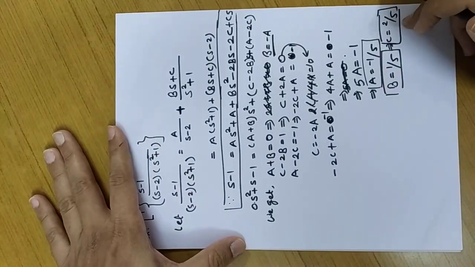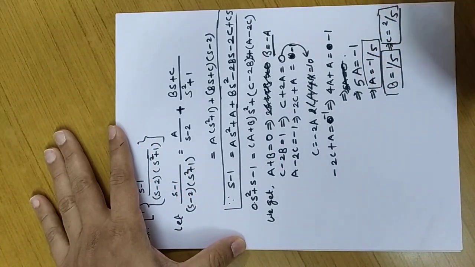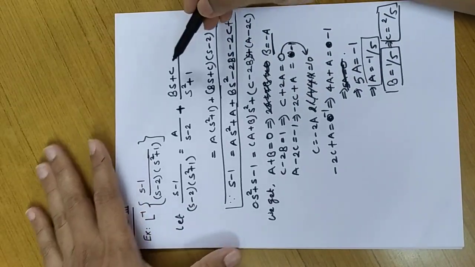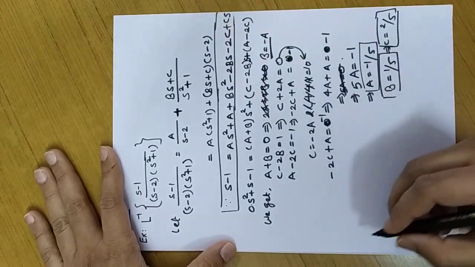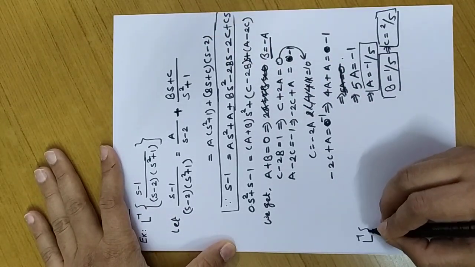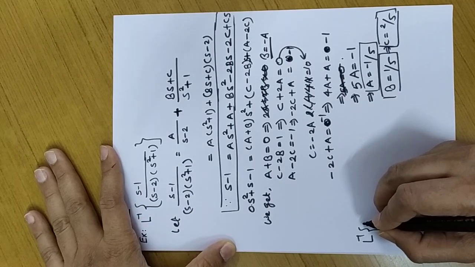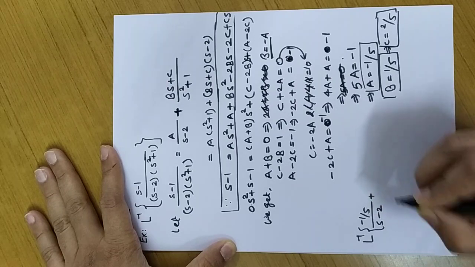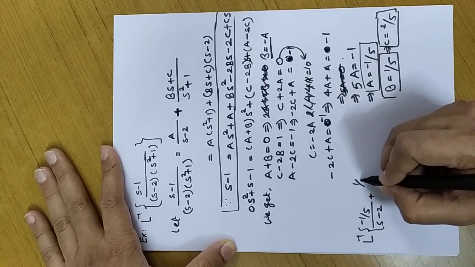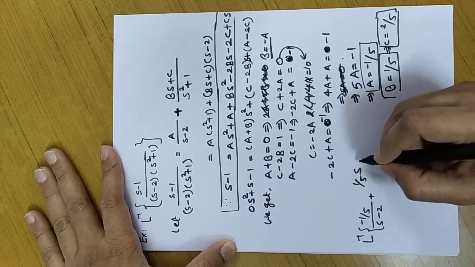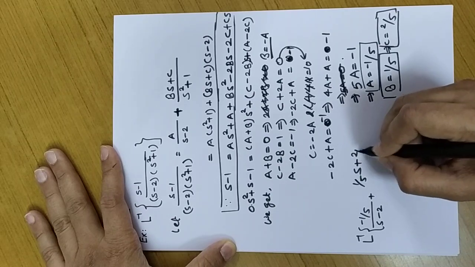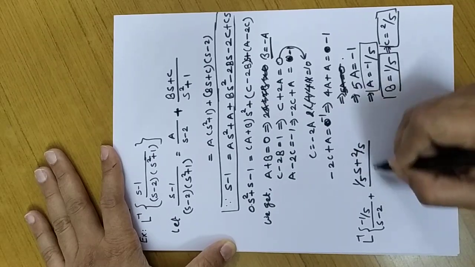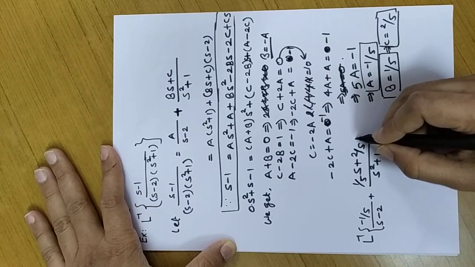So we have A, B and C. Now we will substitute these A, B, C in this assumption. So this can be written as A by the first factor, minus 1 by 5 divided by s minus 2, plus B, 1 by 5 s plus C, divided by s square plus 1.